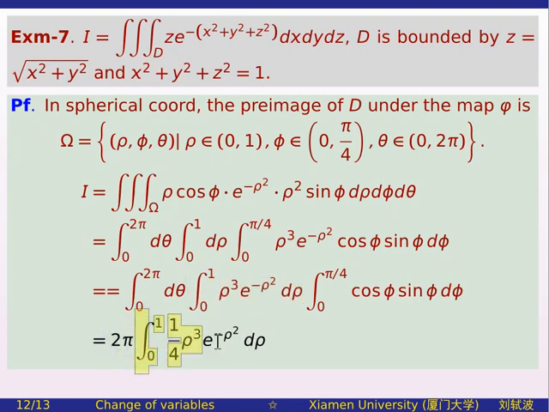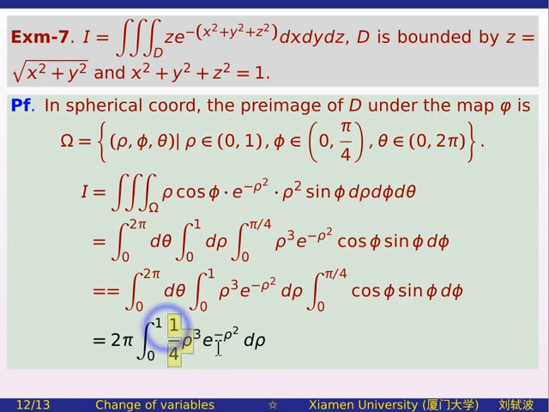And this integral can also be computed. You take a rho from rho cubed and move it, therefore rho d rho is half of d rho squared. Then in the integral, you can replace rho squared by t.